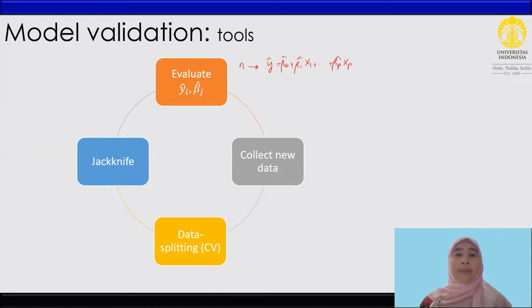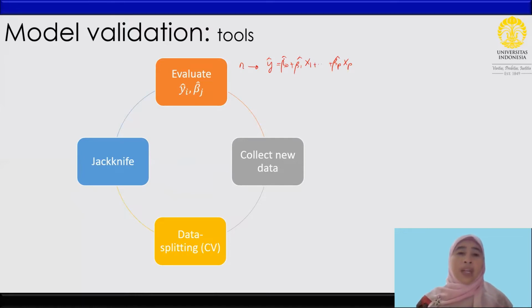And then to see whether this is good enough, we check whether the predicted values of y_i are close enough to the actual values. If they are close enough, then that's good. But probably there are some data points that are far away from the predicted values. In that case, probably we need to again check whether we already have a really proper model that we fit into our data.